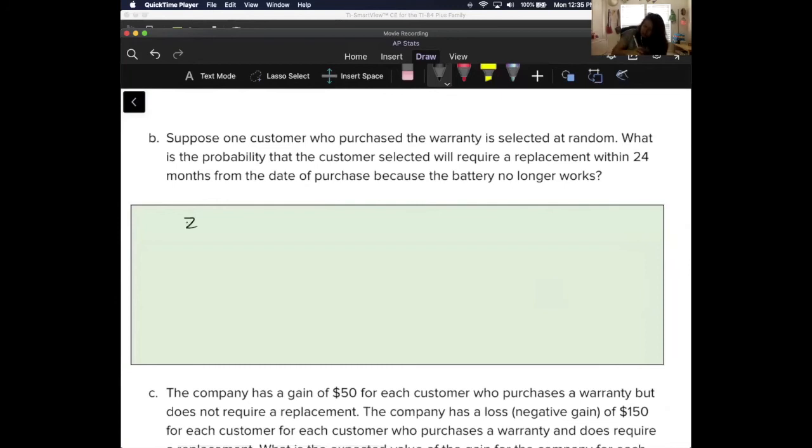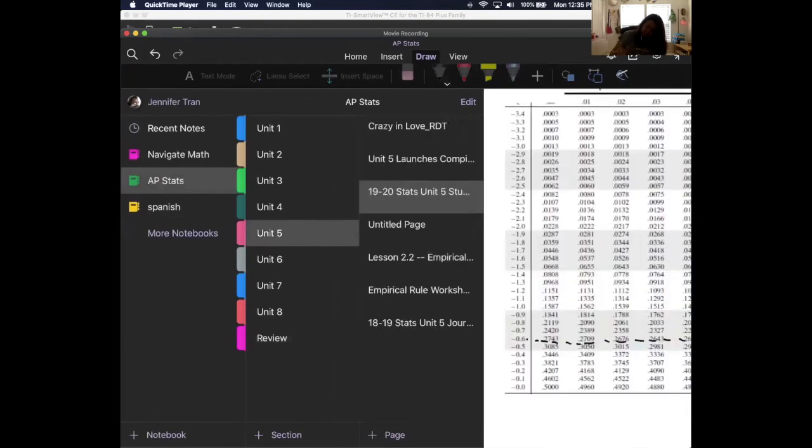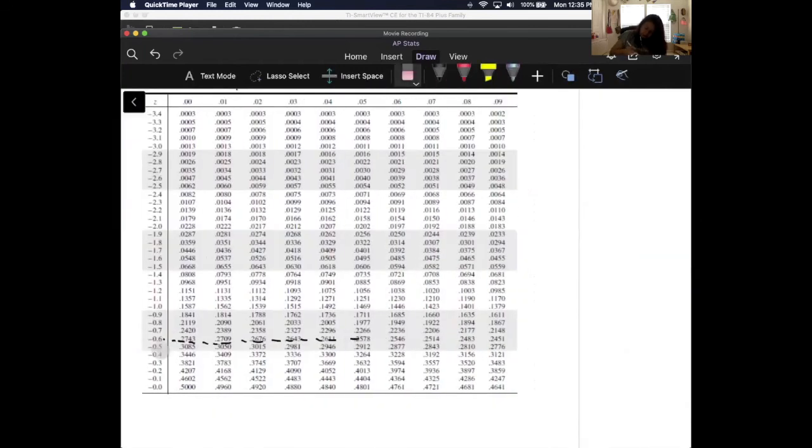So z equals x minus mu over sigma, which is 24 minus 30 over 8, which is negative 0.75. Now, if I go back to my chart, I'm going to look for negative 0.75. So that's here, and our probability is 0.2266.